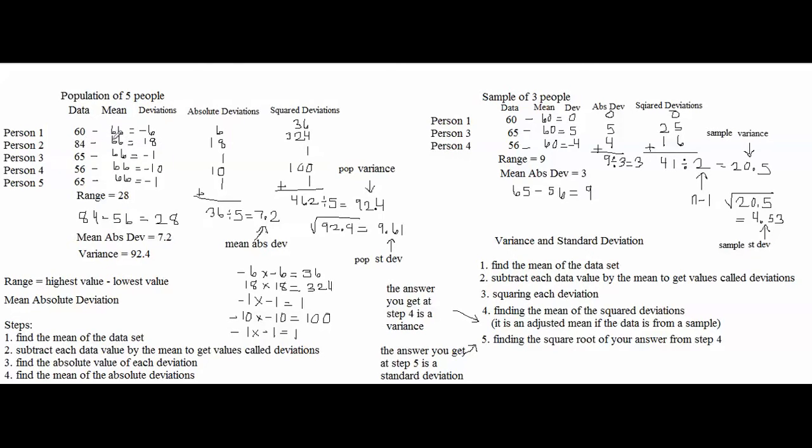It's 18 above the mean of 66. This number of 56 was 10 below the mean of 66. So if you think about it, overall, these numbers in the data set are on average about this far or this far away from the mean. Both of these values give you a pretty good idea of how far each number is from the mean on average.